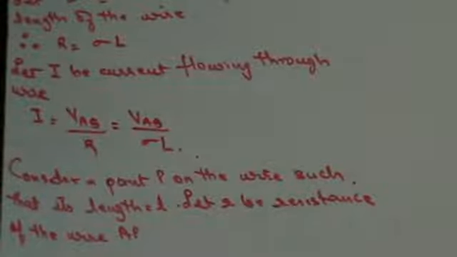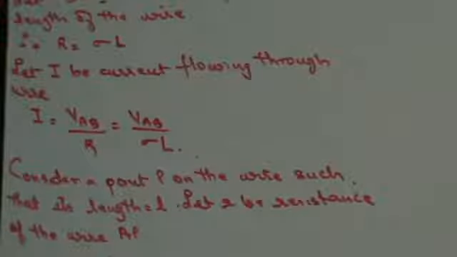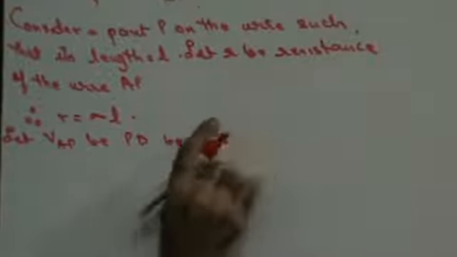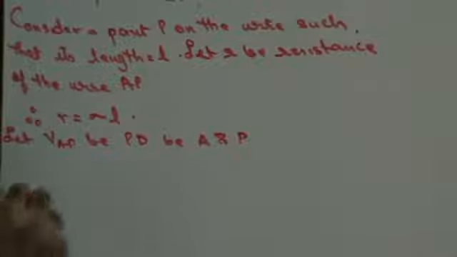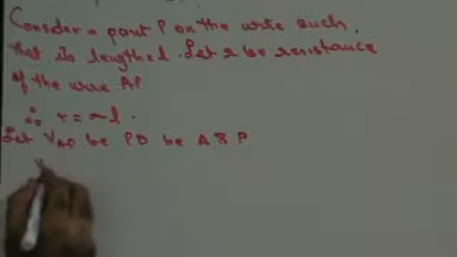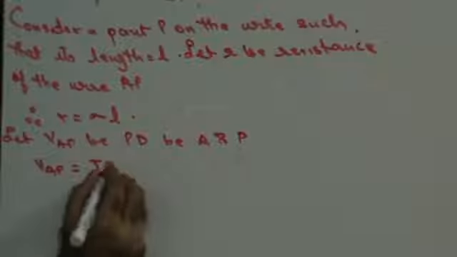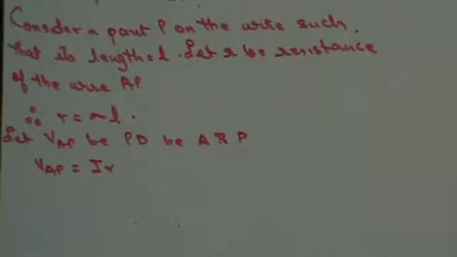Now let us assume that VAP is the potential difference between A and P. In which case I can say that VAP will be nothing but I R, because potential difference is current into resistance.